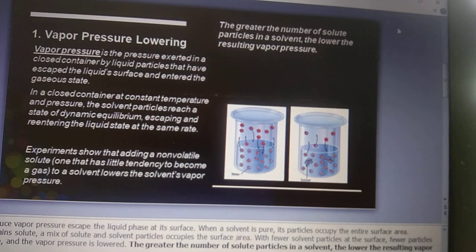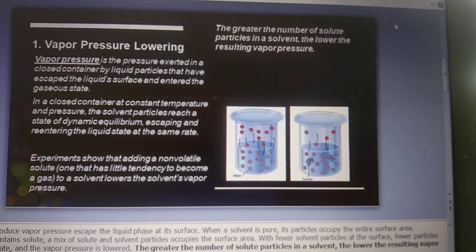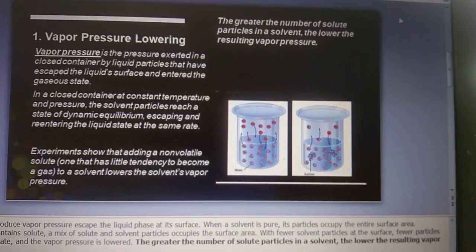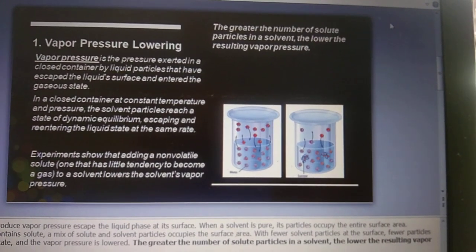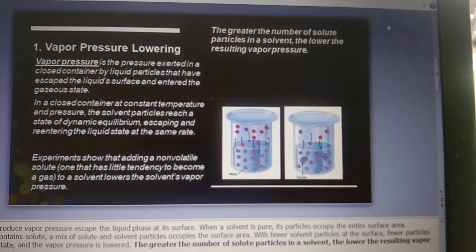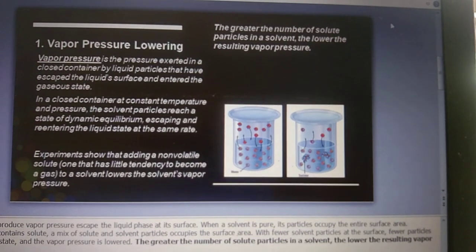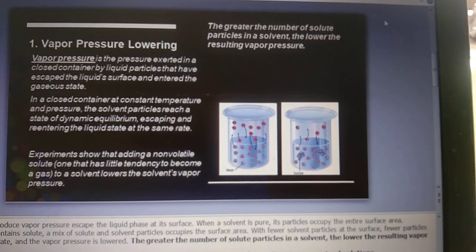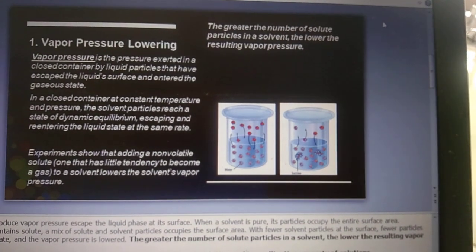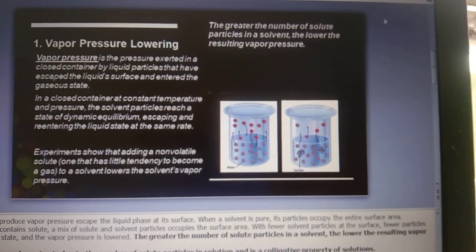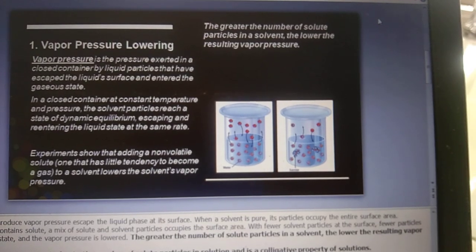So that is for the vapor pressure lowering. To lower the vapor pressure, the solvent particles should reach the dynamic equilibrium.